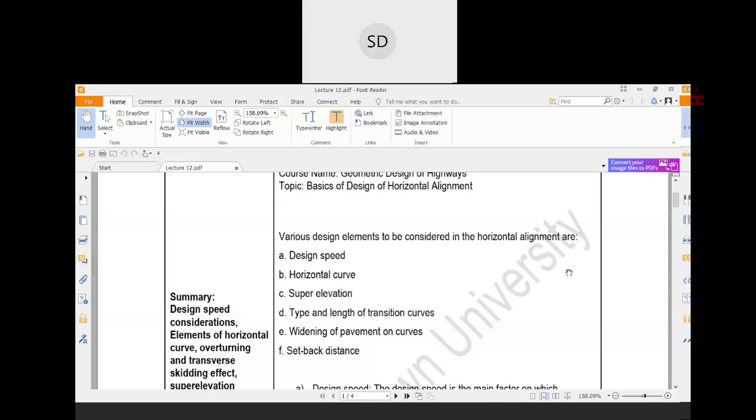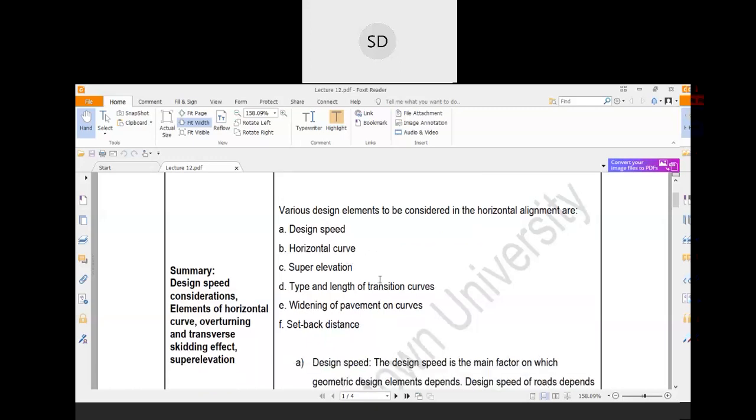These considerations are design speed, that is the speed of the vehicle, horizontal curve, if there is any curve, super elevation, types and length of the transition curve, widening of the pavement at the curves, and setback distance. These are the things which we will discuss in this horizontal alignment chapter.